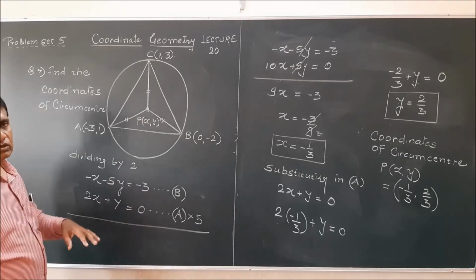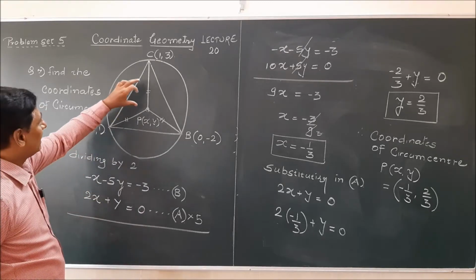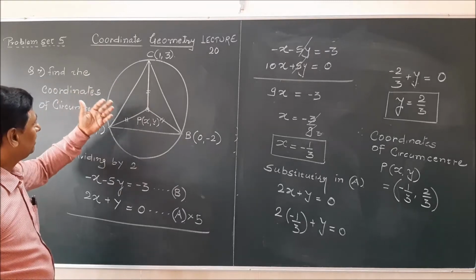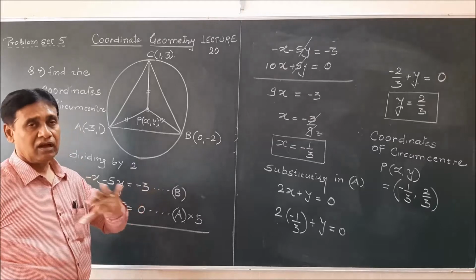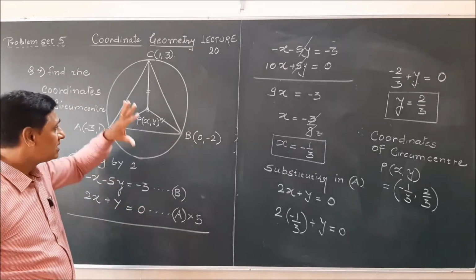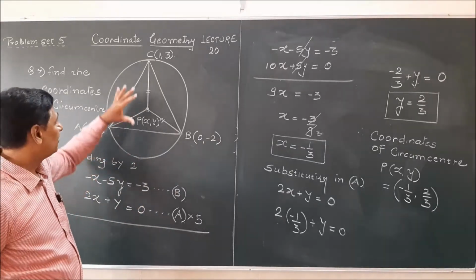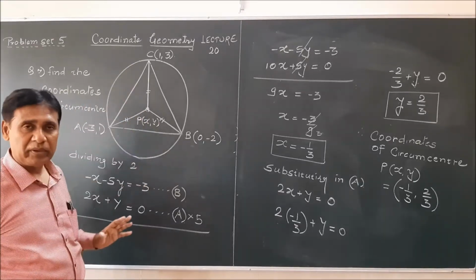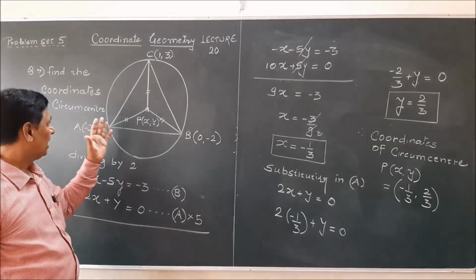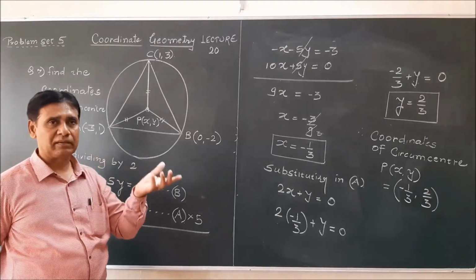So, what theory did we use here, dear students? That CP, AP as well as PB are the radii of the same circle. And then by the distance formula we got AP, we got BP, we got CP. Then we equate AP, BP, we got the first simultaneous equation.